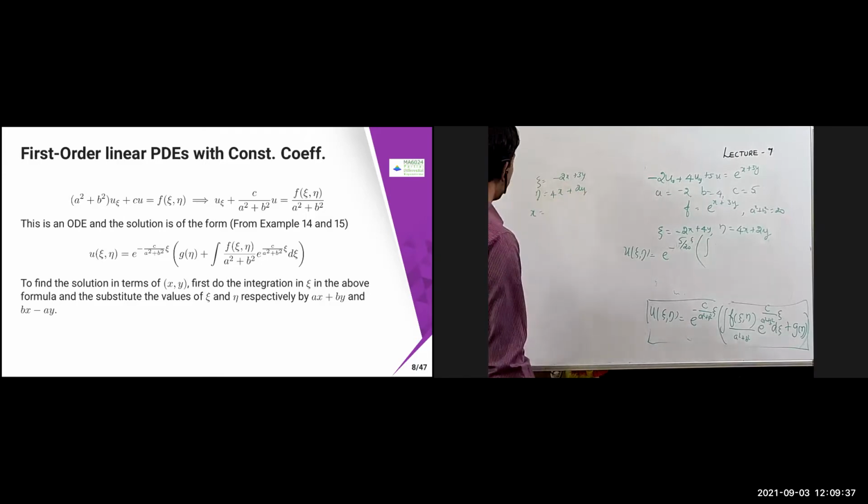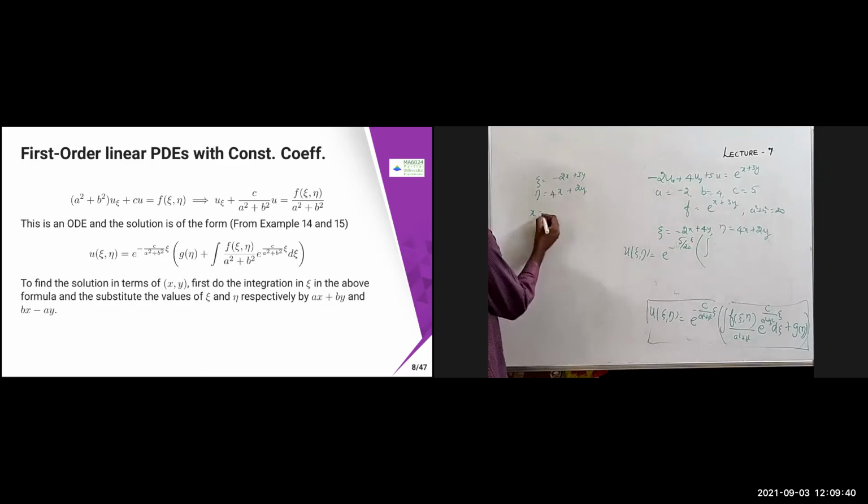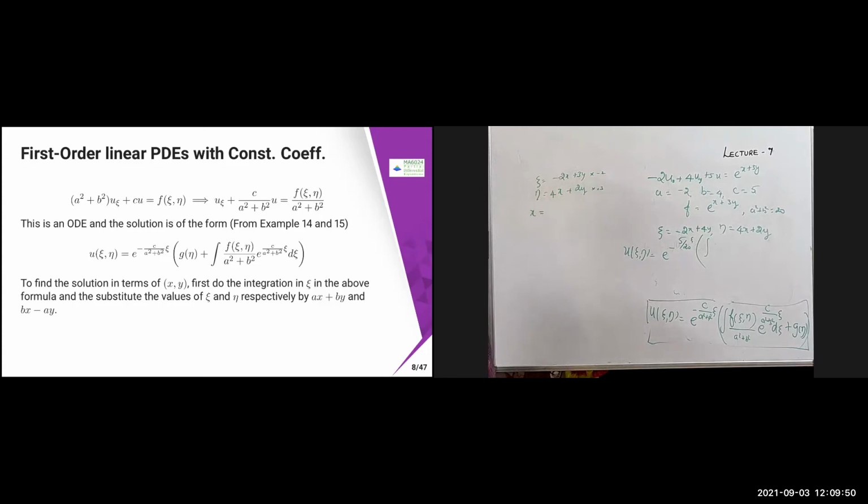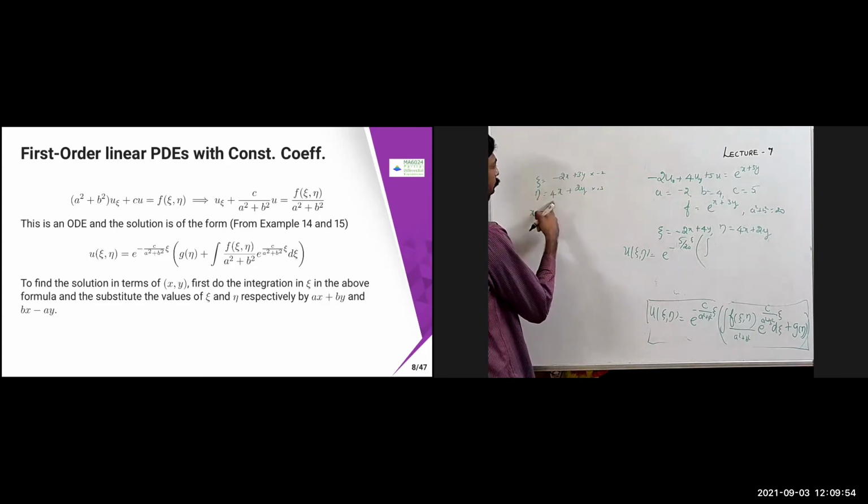x is nothing but you can simplify this. You just add these two together. Or I will multiply by minus 2 here and plus 3 here, then minus 6y will cancel. So minus 4x plus 4x, and 6x plus 10x is going to come, so 10x.